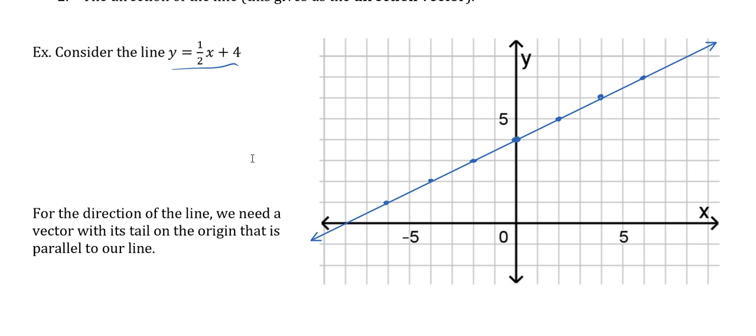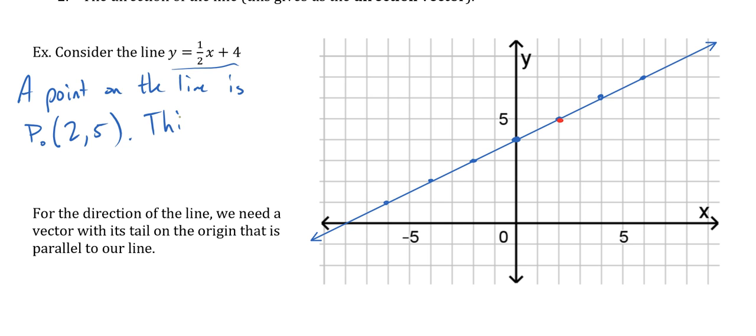So we could pick any point we want on this line, I'm going to pick this one, 2, 5. So this gives us the position vector.